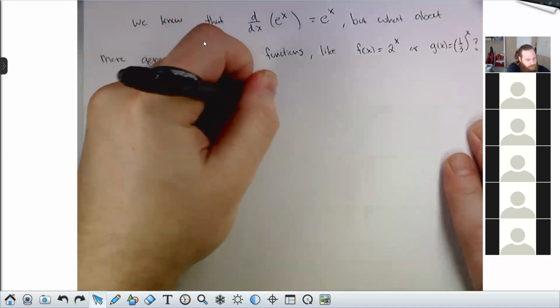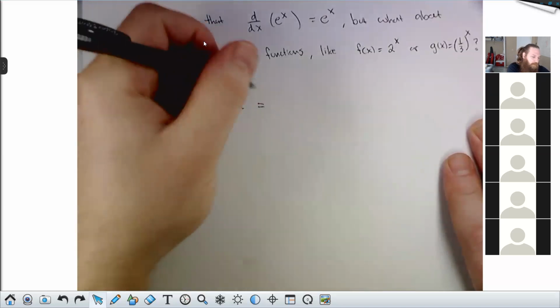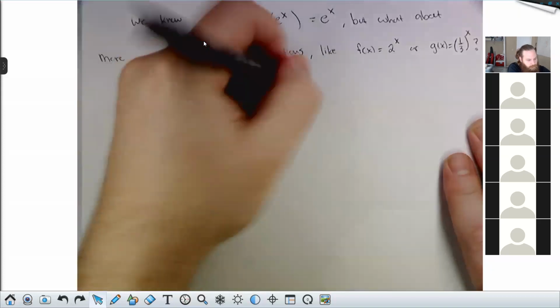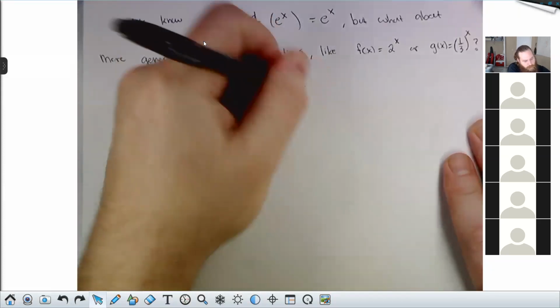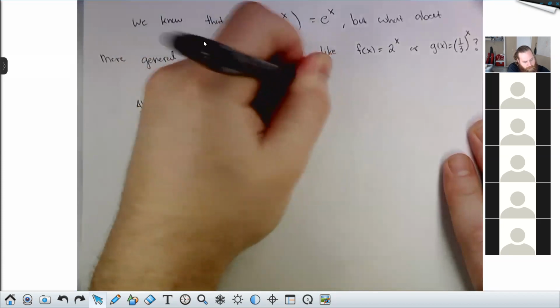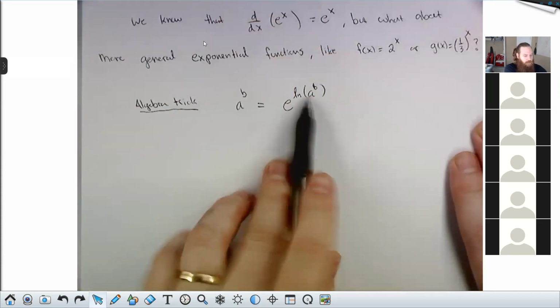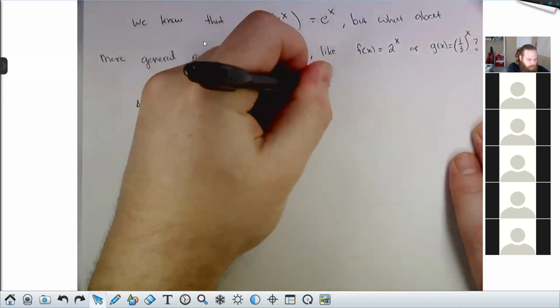A to the b is the same as e raised to the natural log of a to the b, right? Because e raised to the natural log of anything is just that thing.